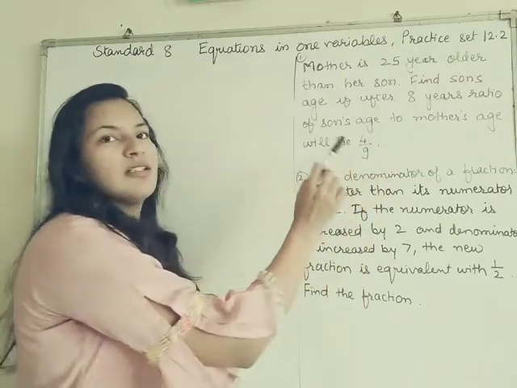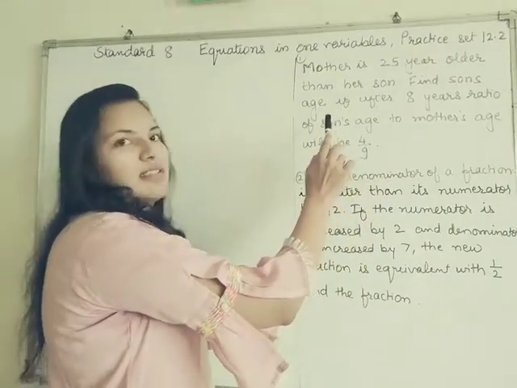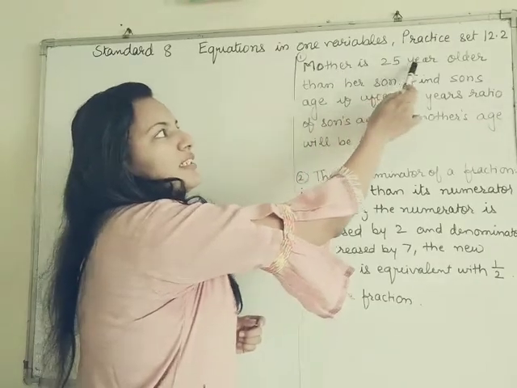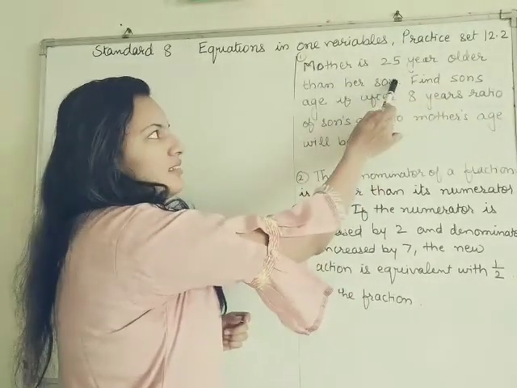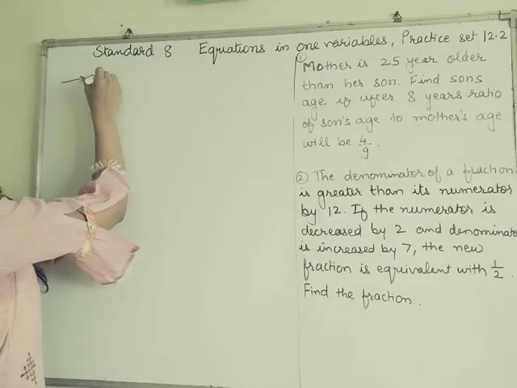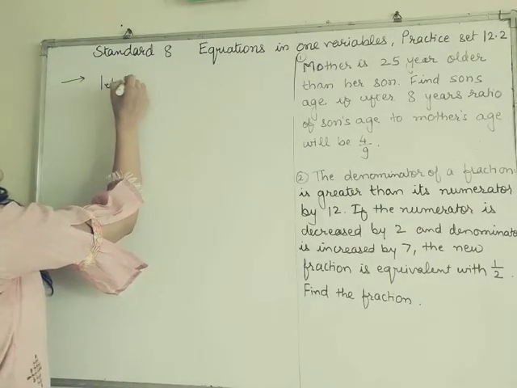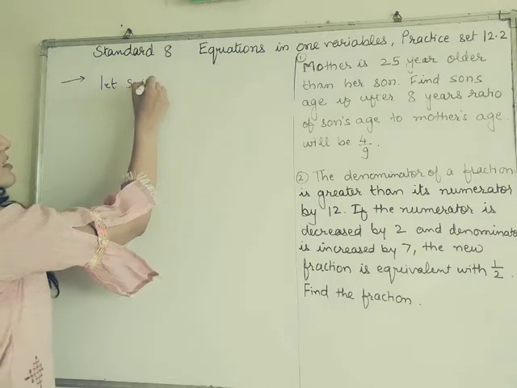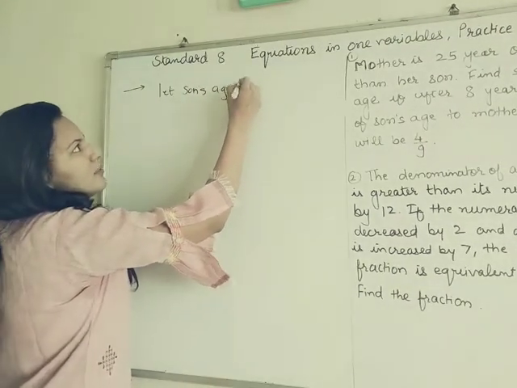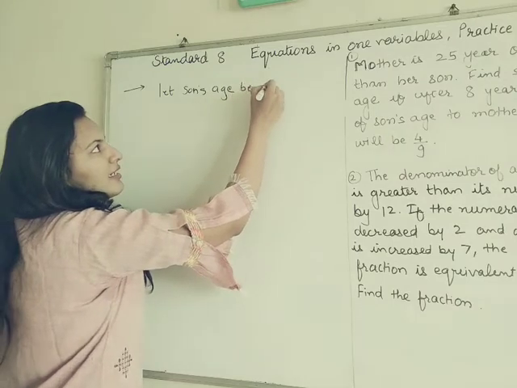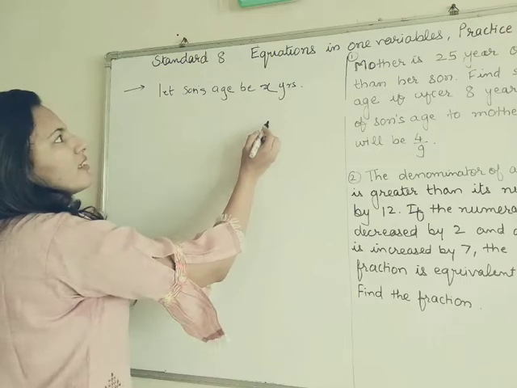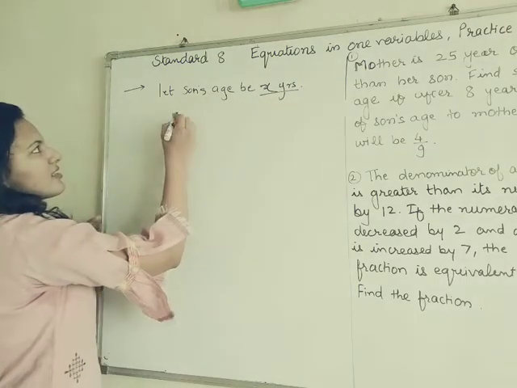So let's again read the first statement to start with the solution. Mother is 25 years older than her son. So let son's age be X years. Okay, so son's age will be X years.